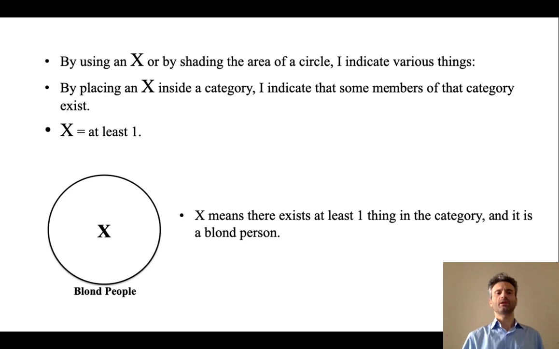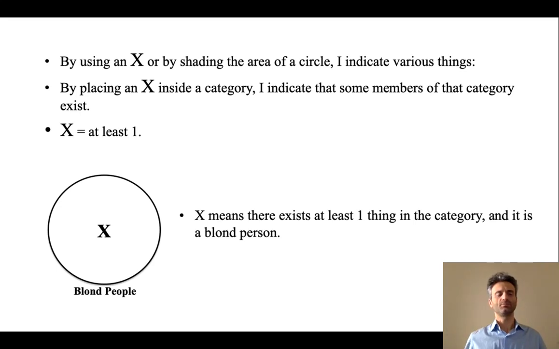I am able to make a statement about categories if I use either an X or I shade the area of the circle. Depending on what I do, whether I place an X inside the circle, like in this case that you can see here, or whether I completely shade the area of the circle, I mean different things.